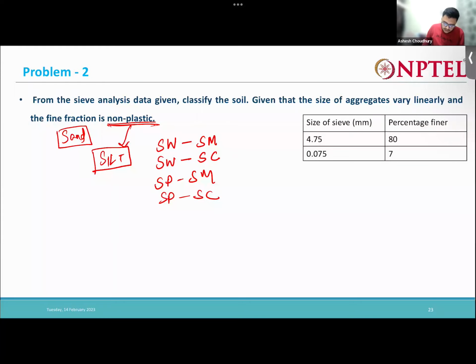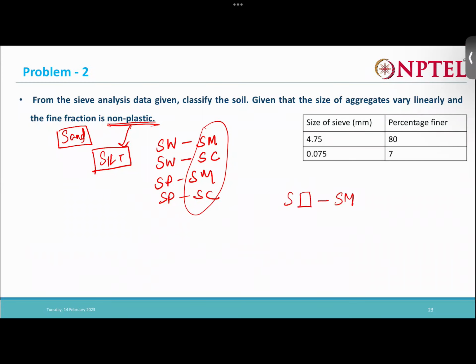So the second part you have already determined: it will be SM, right? Now you need to tell the coarse fraction, whether the sand is well graded or poorly graded. So again, I will ask you, what are the parameters needed to tell whether the soil is well graded or poorly graded?